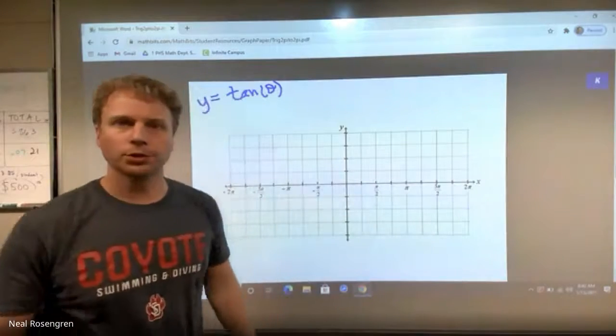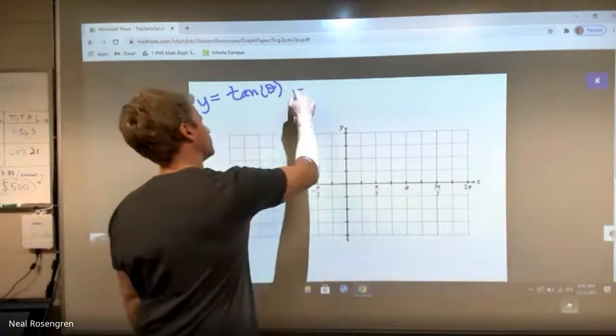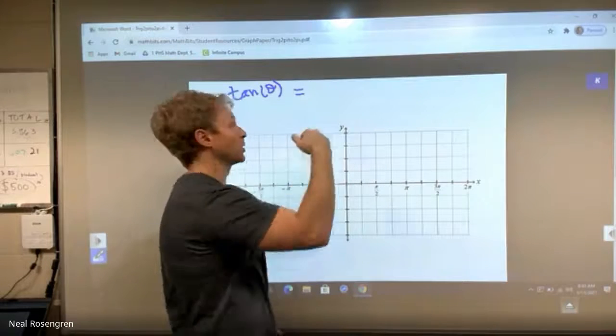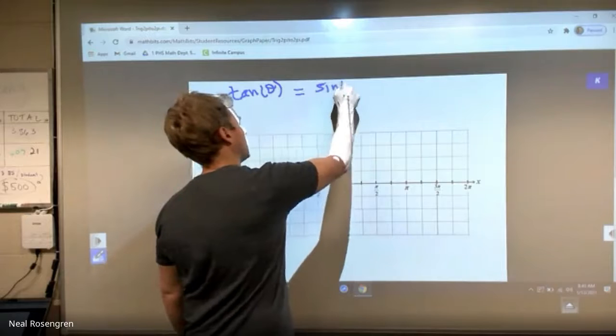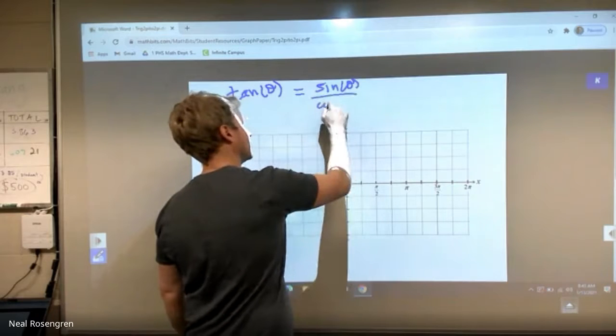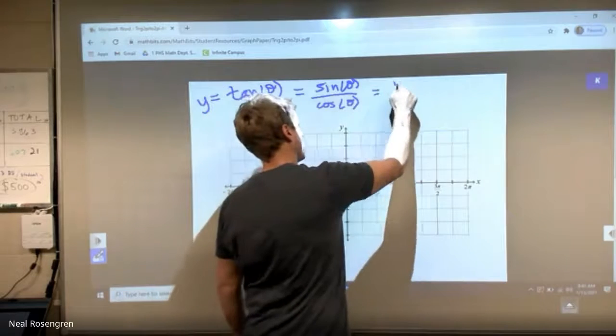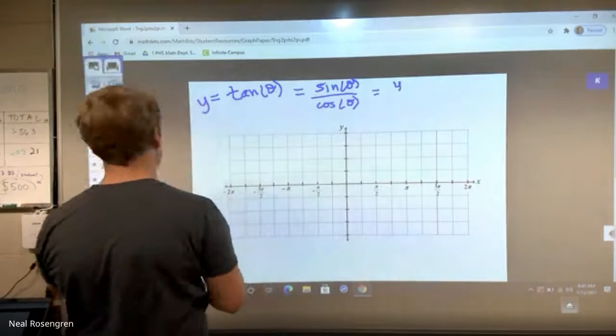But what I want to remind you of is that when we're dealing with tangent, remember that that's sine over cosine, okay? And that's where all of these numbers that I'm going to get are really going to come from. Now, I really shouldn't write y over x.